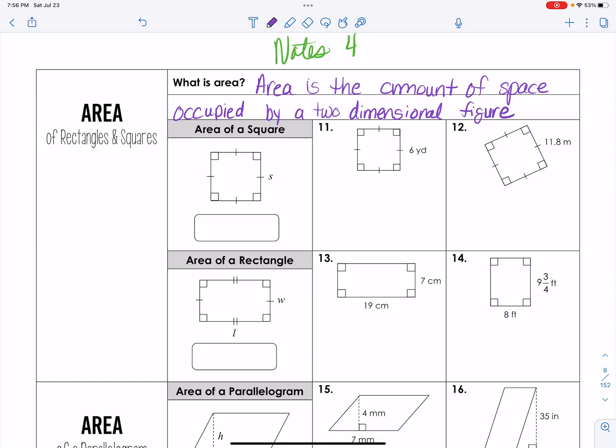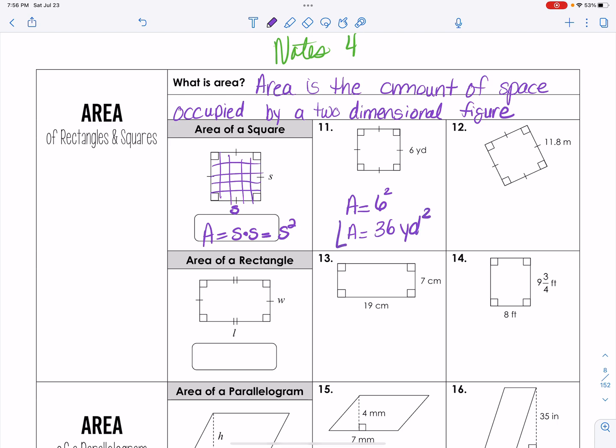If I do the area of a square, you're doing however many S's fit here times how many S's fit here. So to do the area of a square, you're taking side times side, which actually is side squared. We've talked about squared. If you're doing the area of this, you're doing 6 squared. So this is 36 yards squared. You label it yards squared.